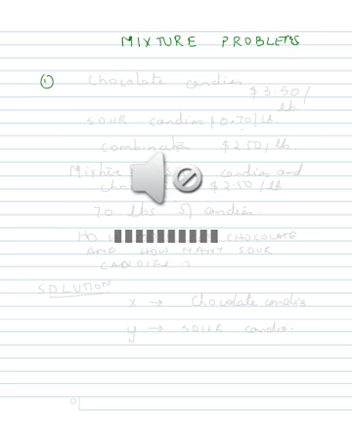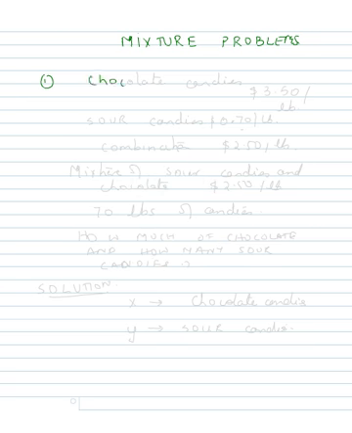Let's say you are a candy store owner and you have chocolate candies which, if you sell by themselves, are $3.50 each per pound. And you also sell sour candies.